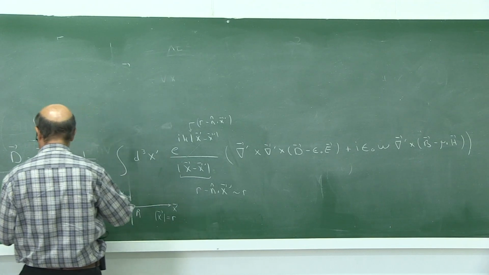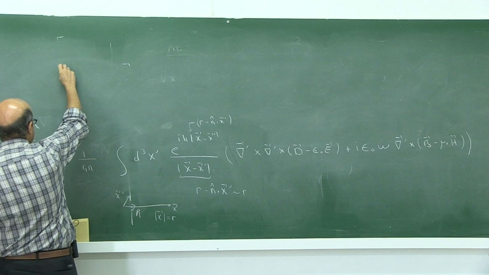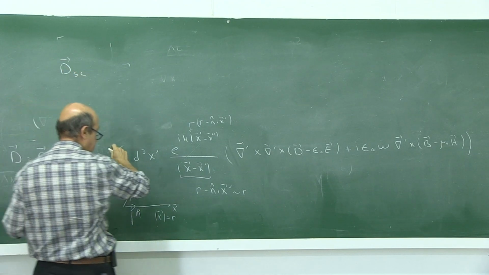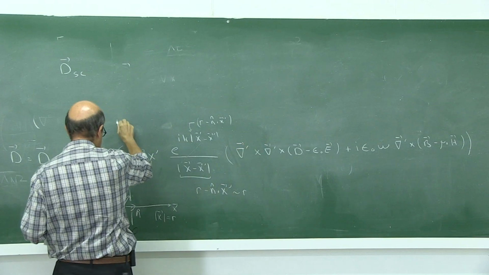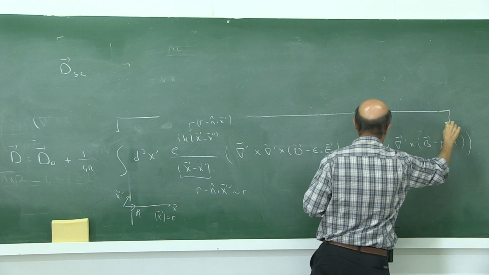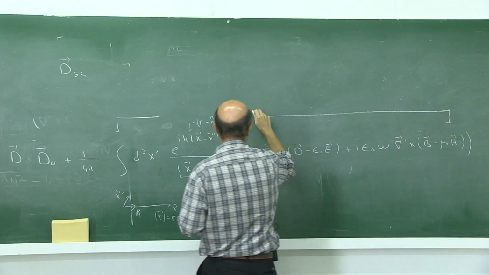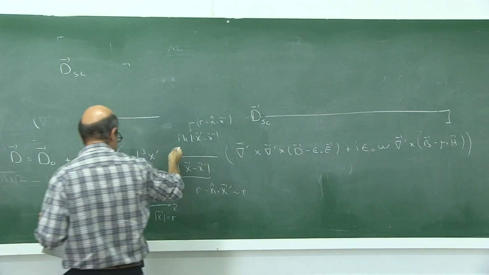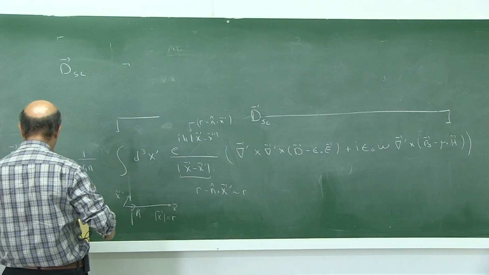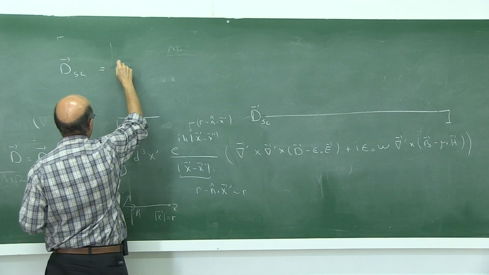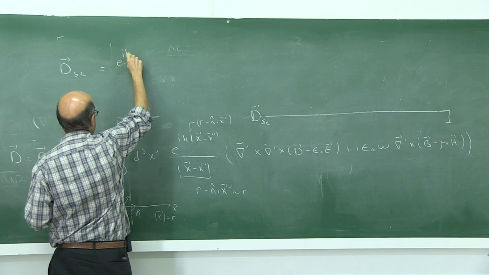Then you can write the D, let us call all of them D scatter, in the following form, take the e to the ikr over r outside the integral.